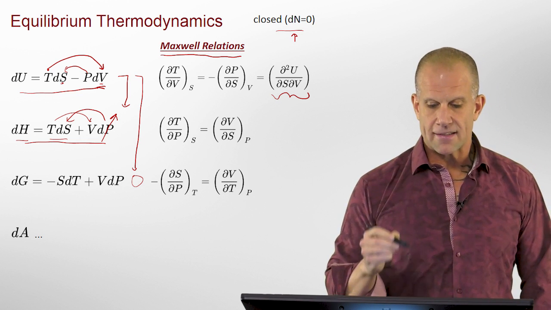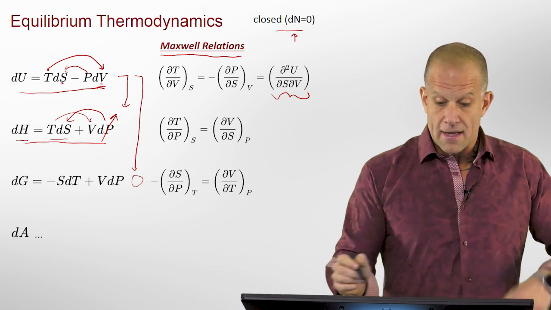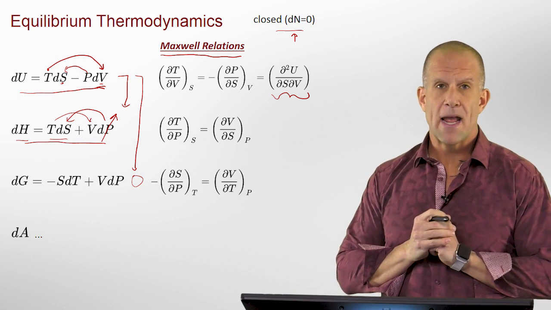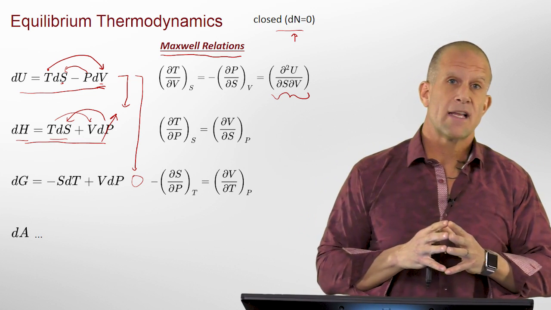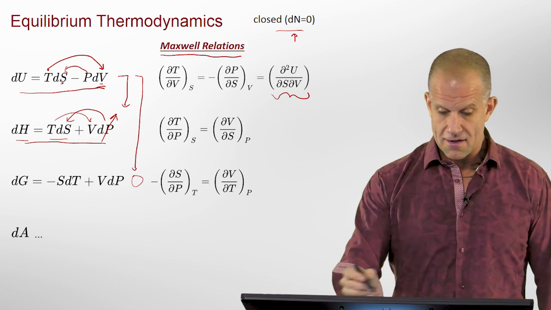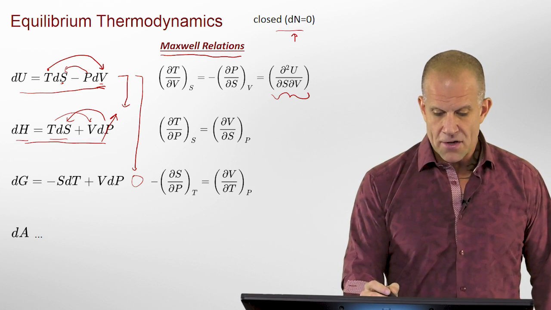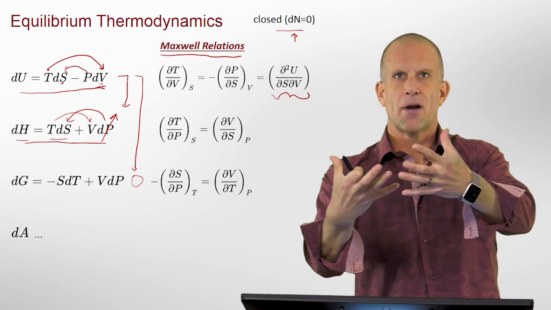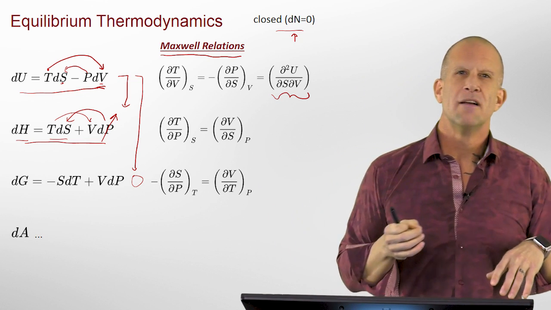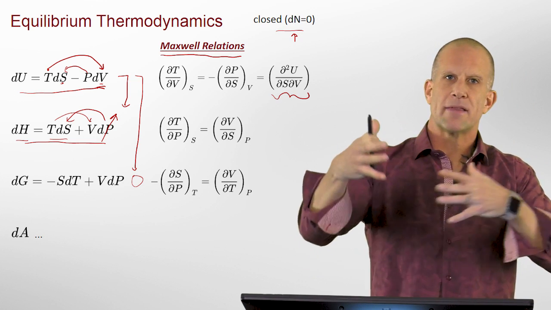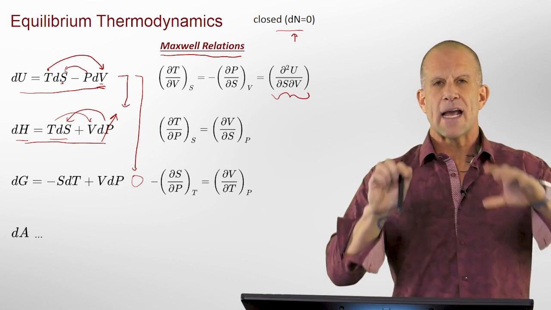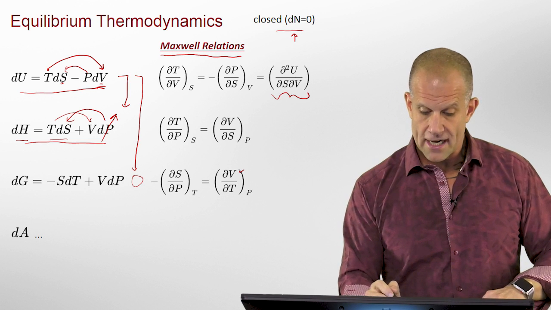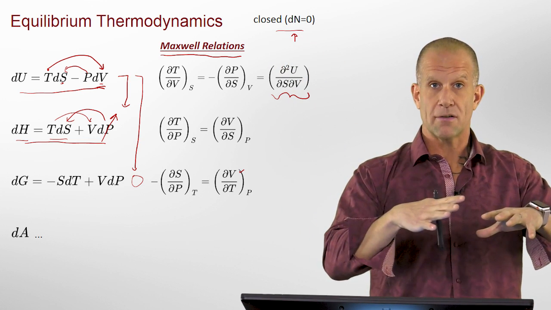And this defines a series of partial derivative substitutions that we often make for convenience's sake, because of how we measure things. For example, looking at this one, you can imagine how the entropy changes as a function of pressure at constant temperature. It's hard to devise an experiment that might look at that. But looking at how the volume changes as a function of temperature, right?